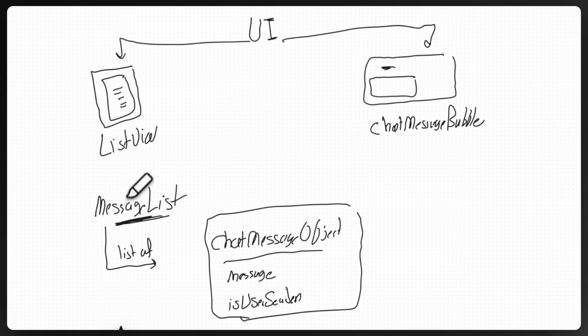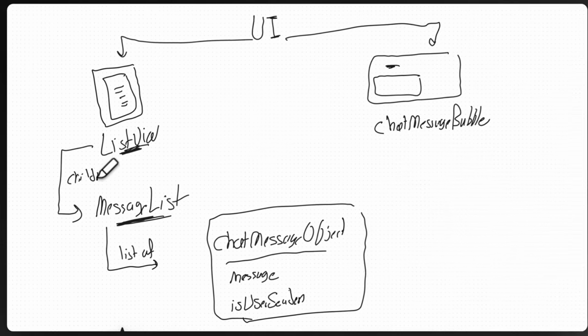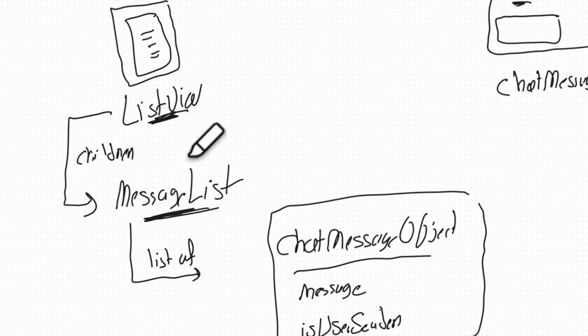Now, to be able to render the list on the list view, we need to connect the list to the list view using the property called children. So by choosing the message list to be the children of the list view, it will render the items of the message list.